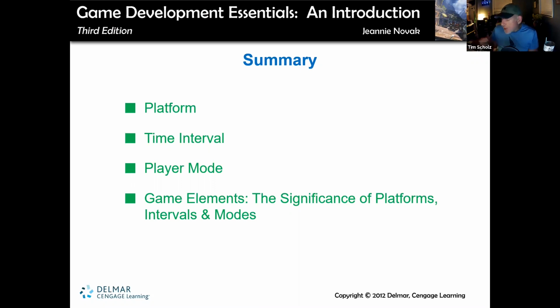As we move forward in each of these chapters, you're going to see that it's building layers upon layers of choices that you have to make as you're building your games. Obviously, we're at the very basic stuff when you're talking platform, time interval, and player mode, because there's so many things that can fall into it.